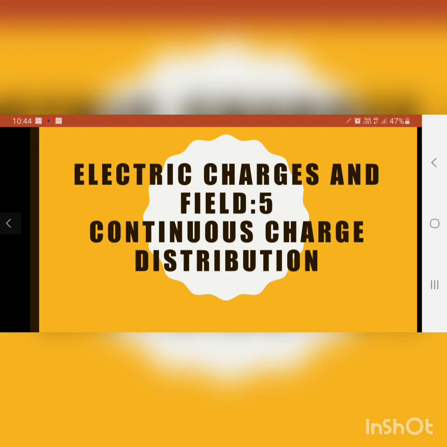When we talk about charge distribution on such objects, we do not take the quantum nature of charges into account. We will not take contribution due to one electron or two electrons like that. In that case, we ignore the quantum nature of the charges and we consider them to be a continuous charge distribution.